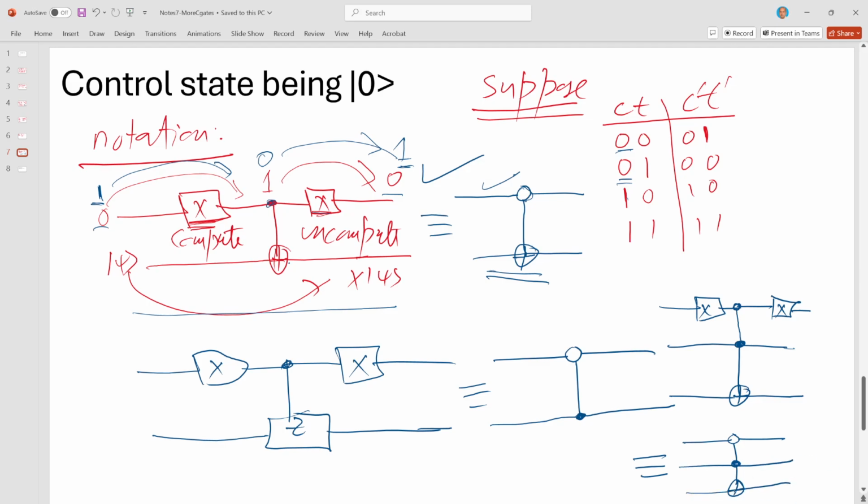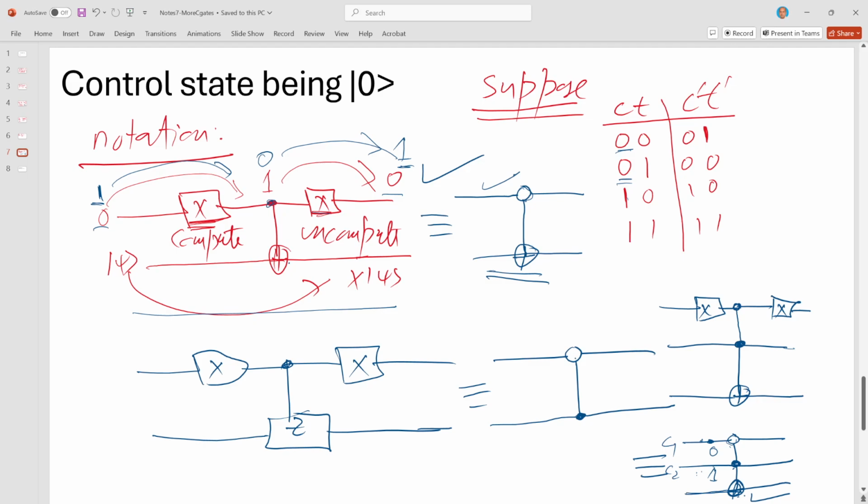This means that this X gate will be active only when this qubit state is 0 and this qubit state is 1. Otherwise, this X will not act. For example, if this is 1 1, the X will not be active. If this is 1 0, the X will not be active. If it is 0 0, X will not be active. Only when the state on these control qubits is 0 and 1, this X gate will be applied.